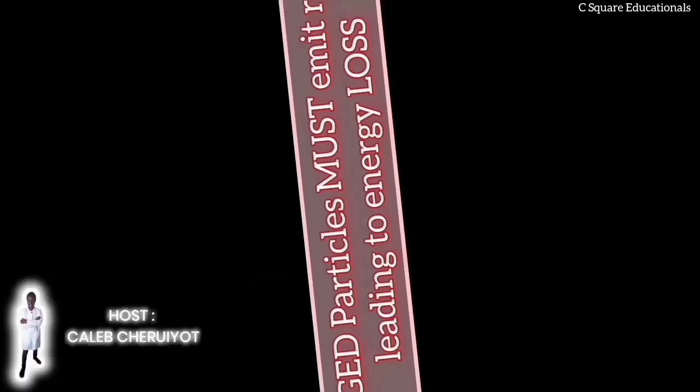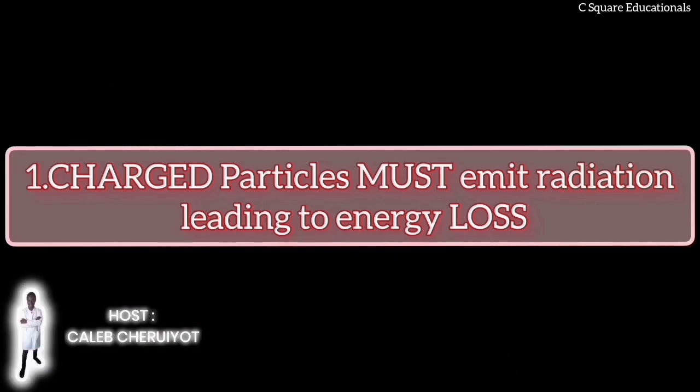Since electrons are charged and accelerate during their orbits, they should emit radiation, which will cause them to lose energy and quickly spiral inward into the nucleus. However, atoms are known to exist far longer than a picosecond, making this model incorrect.